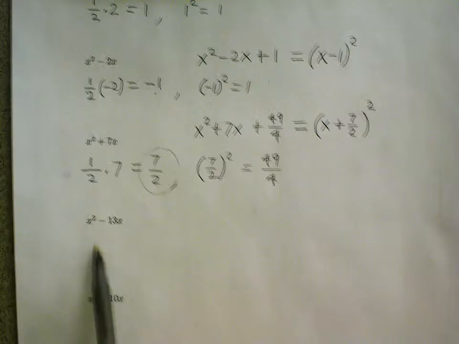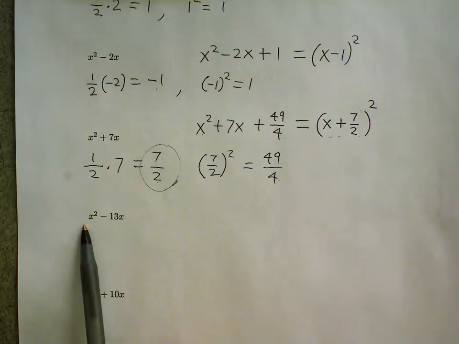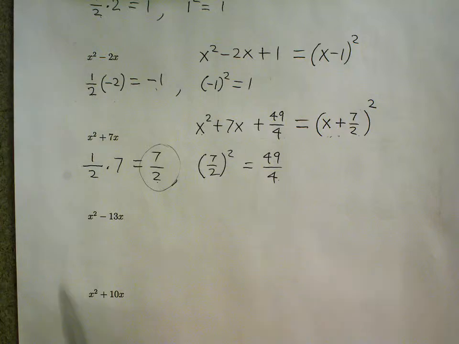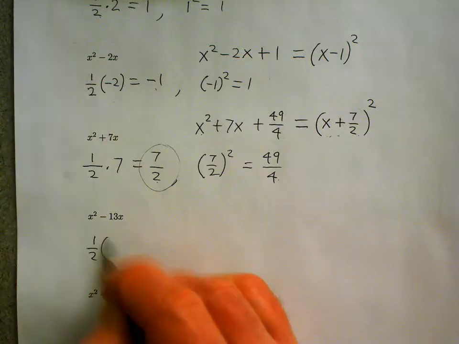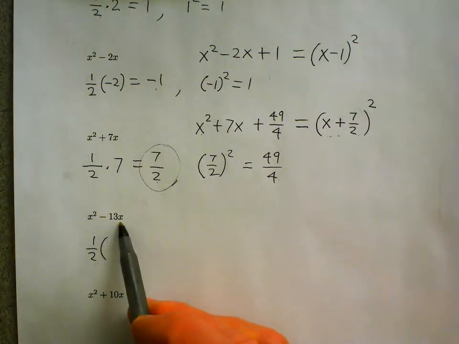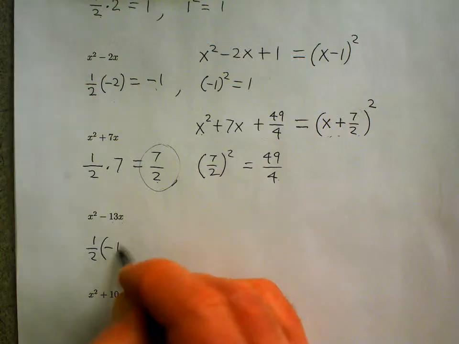Okay, on the next one, we're beginning with x squared minus 13x. Notice the coefficient of x squared is 1. Okay, since the coefficient of x squared is 1, the next step is to take 1/2 of the coefficient of x. The coefficient of x is -13.